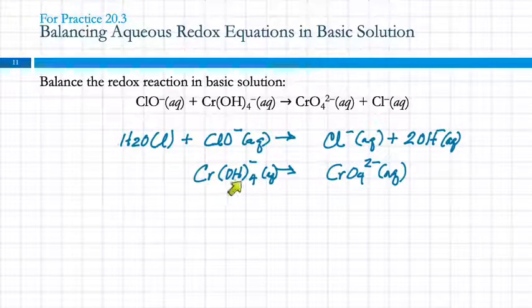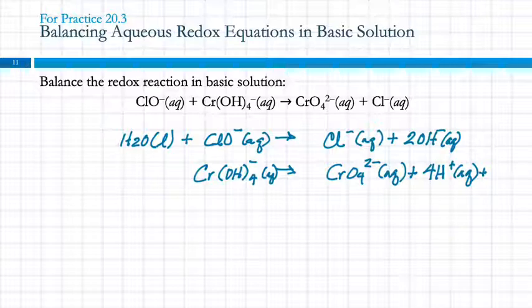I have 4 hydrogens on the left side, so I'm going to fix that by adding 4 hydrogen ions to the right side. Because that fixes the hydrogens without messing up the oxygens. But it's a basic solution, so I can't have hydrogen ions floating around.